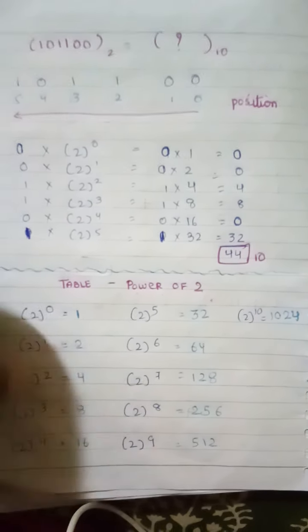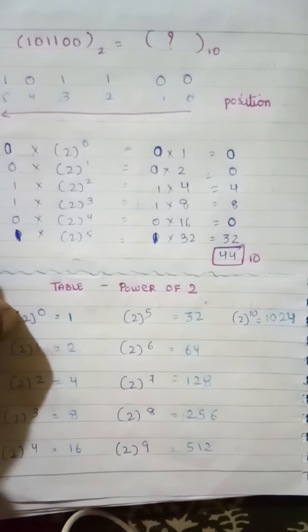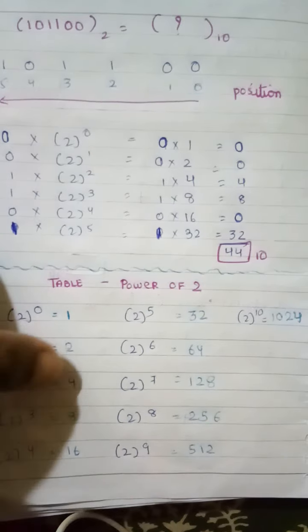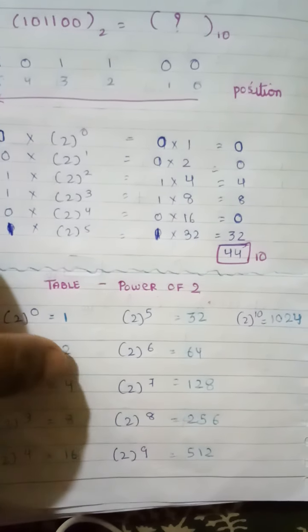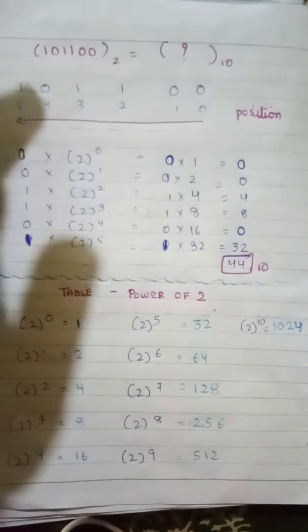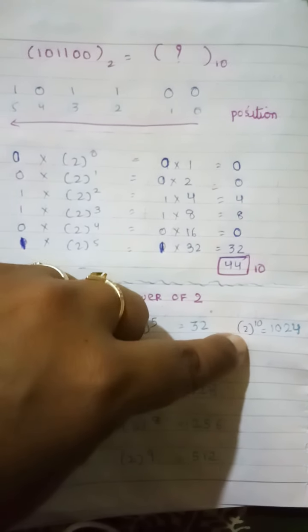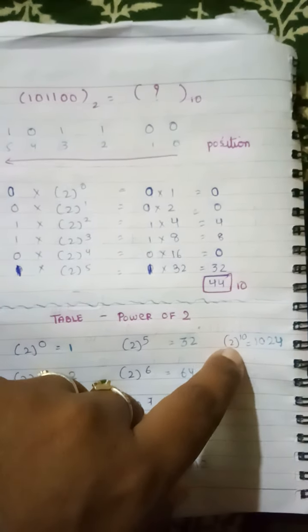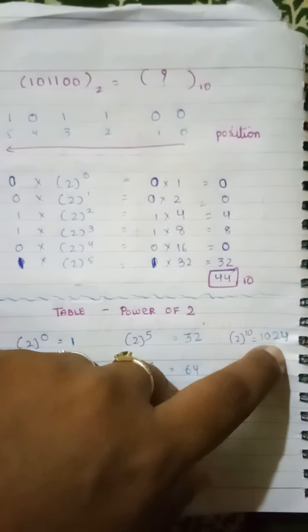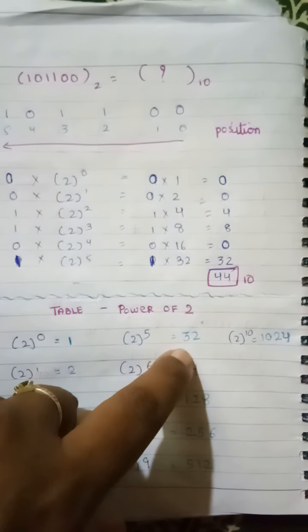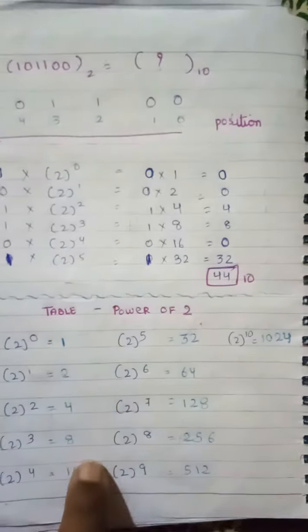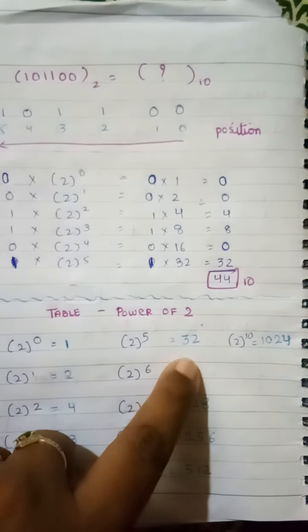Anything raised to 0 is 1, so here with base 2, 2 raised to power 0 is equal to 1. 2 raised to power 1 is 2, 2 raised to 2 is 4, 2 raised to 3 is 8, and so on. 2 raised to 10 means 2 is multiplied 10 times, so I get the answer as 1024. 2 raised to 5 means 2 is multiplied 5 times, so it's 32.